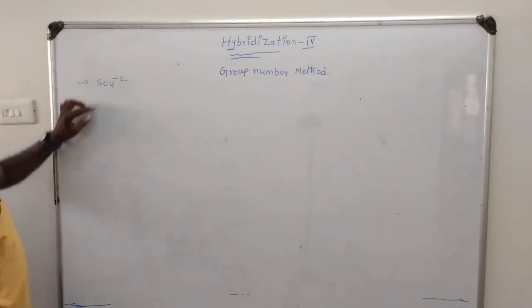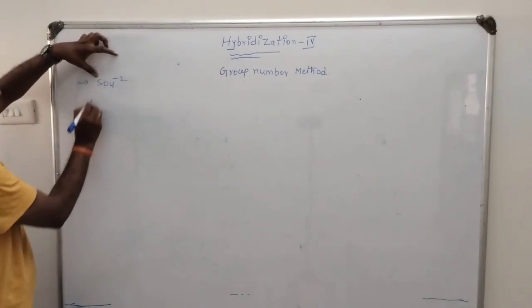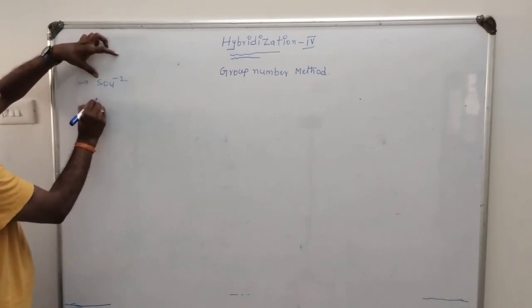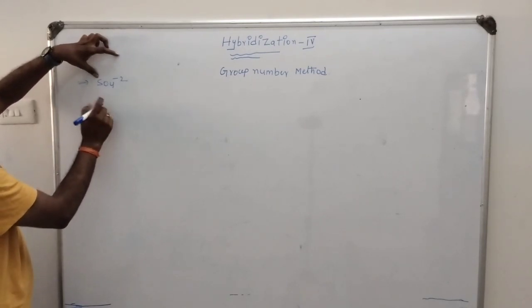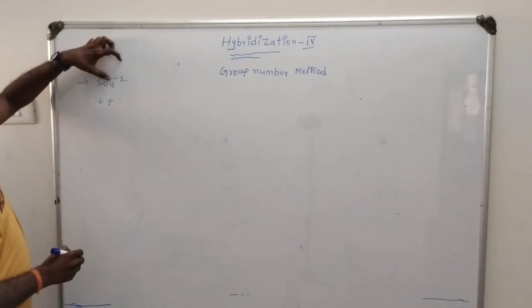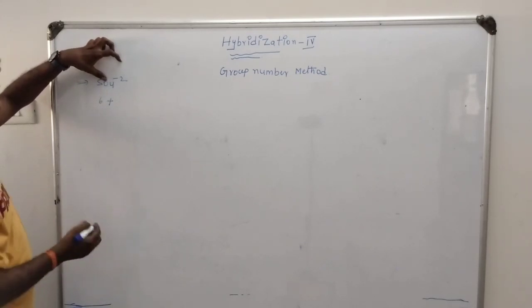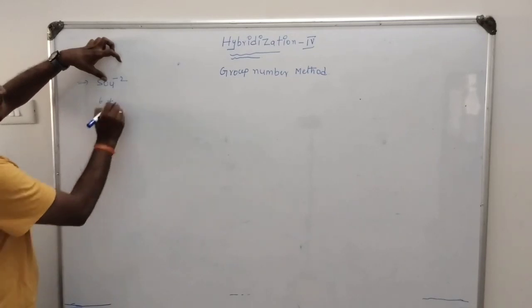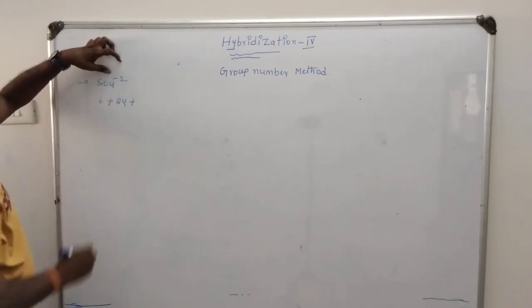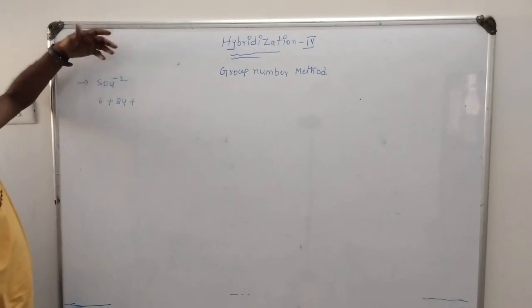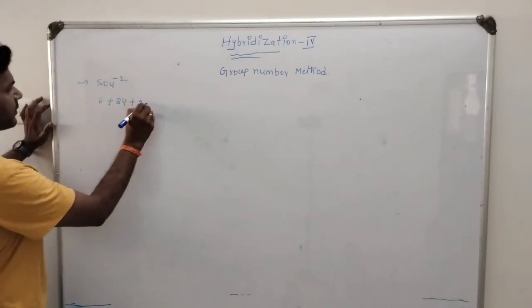SO4 2 minus, sulfate. Total sulfur atoms are 1, group number of sulfur 6, plus total oxygens are 4, group number of oxygen 6th group element. So 24, plus minus 2 indicates addition of 2 electrons.